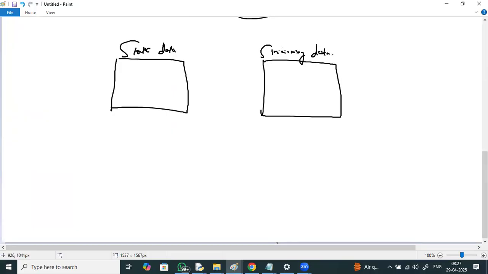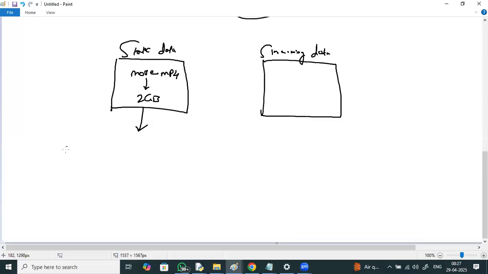For example, you downloaded a movie file from a website, in .mp4 format. The size is like a 2 GB file. You have downloaded a 2 GB file, right?